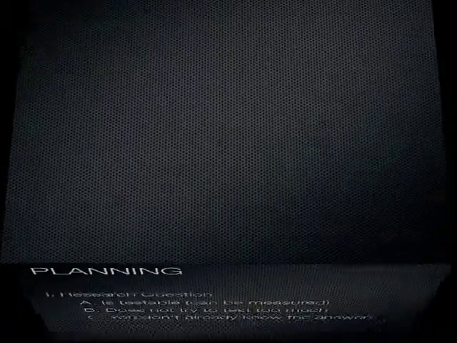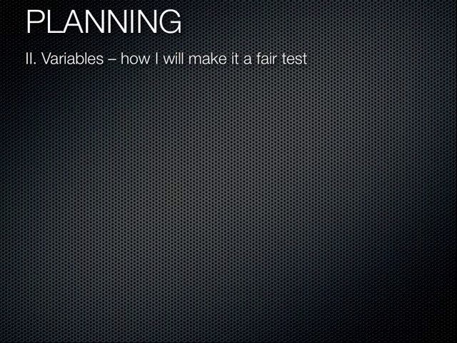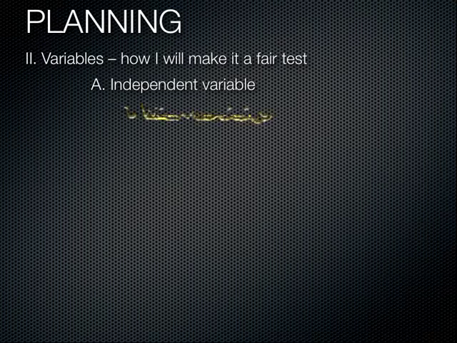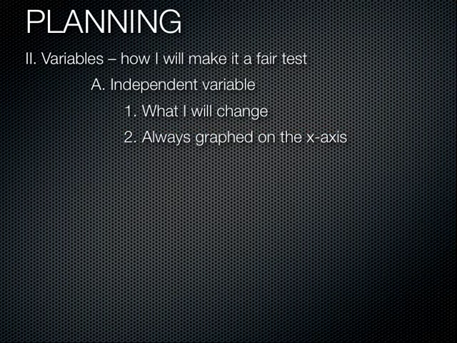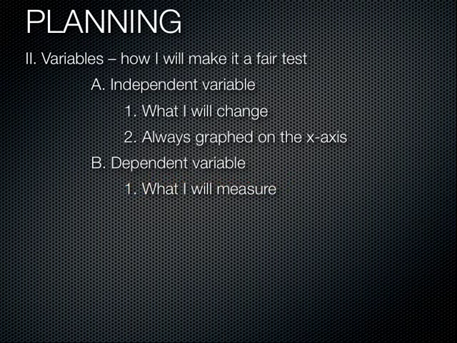After we write our research question, we also want to identify the variables, such as the independent variable, which is the variable that you are going to be changing, and you're going to decide what the different measurements are before you start, and that will always be graphed on your x-axis. So we're going to make a link to our graphing skills already. Then you also have the dependent variable, which is the one that you're really measuring.